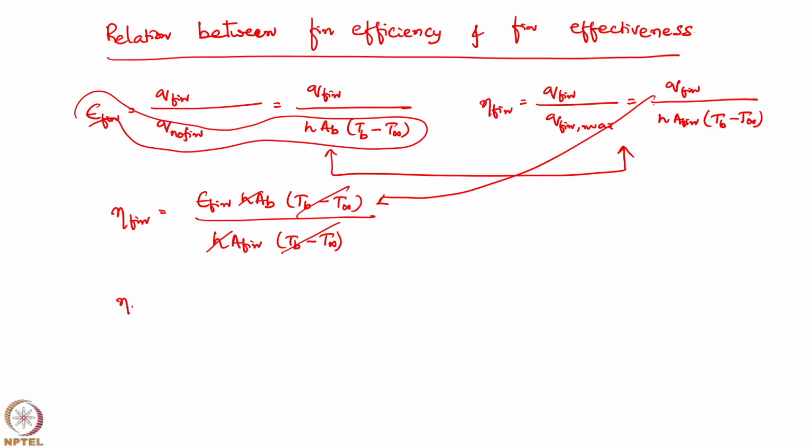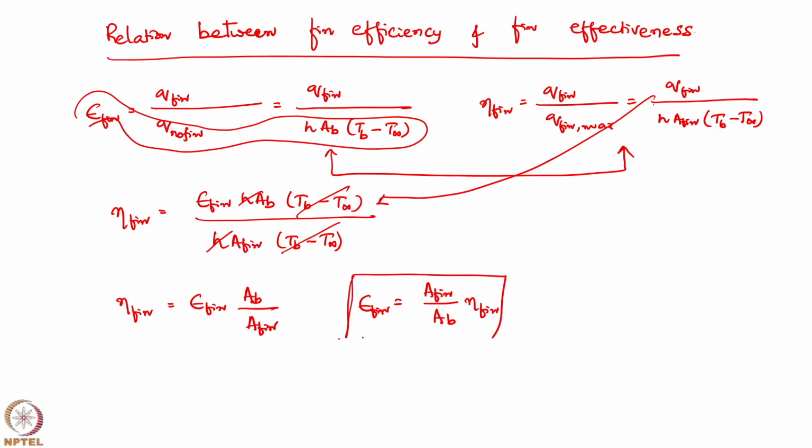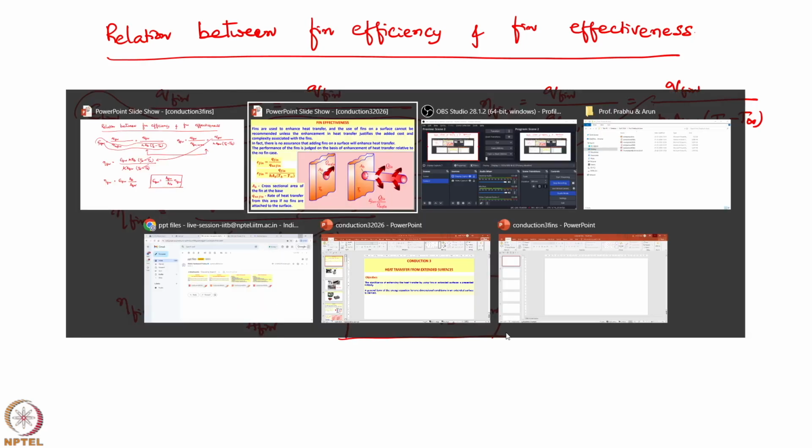So you get efficiency of the fin equal to effectiveness of the fin into Ab by A fin, or effectiveness of the fin equal to efficiency times area of the fin divided by area of the base, because you get the efficiency of the fin from those graphs. So you can compute the effectiveness once you know the fin efficiency by just multiplying the area of the fin divided by area of the base.